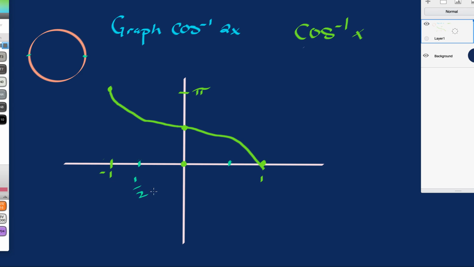I know I didn't draw a perfect half, and I'm using the wrong color. Let me change the color now and fix it up. That's -1/2 and 1/2. Basically by doubling this up, you're shortening the size of it, but it goes up here, comes down here, and it'll still cut through the same spot.